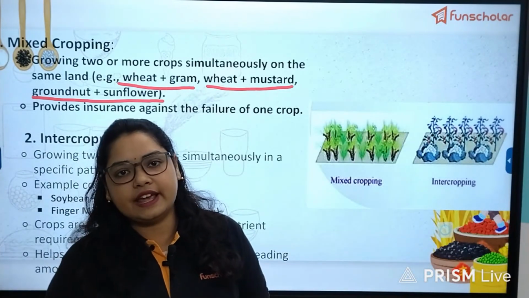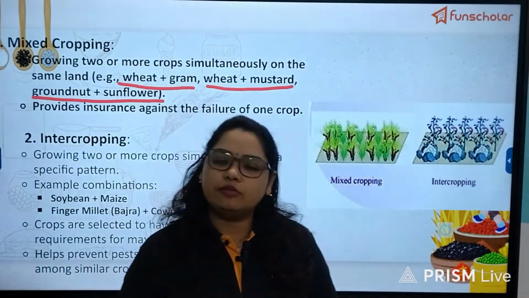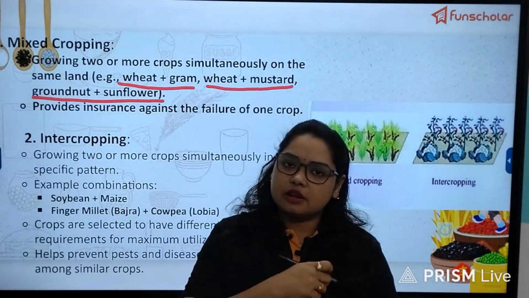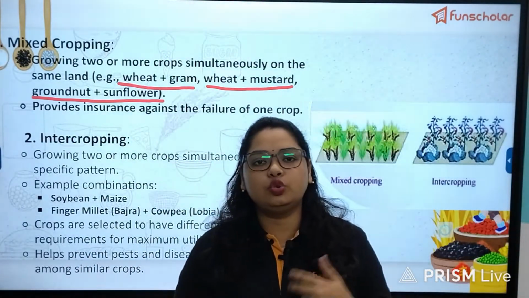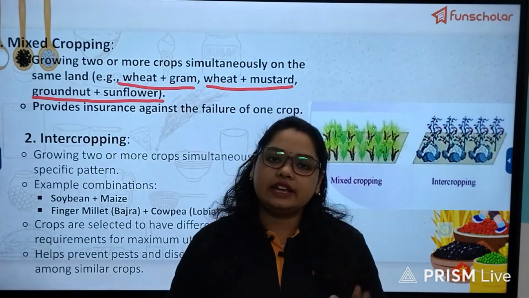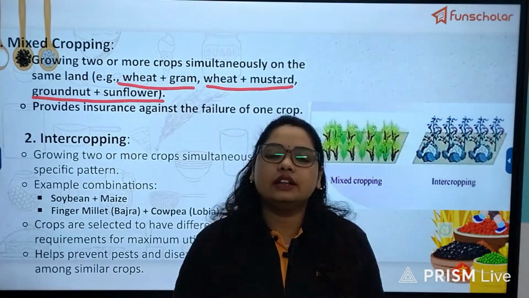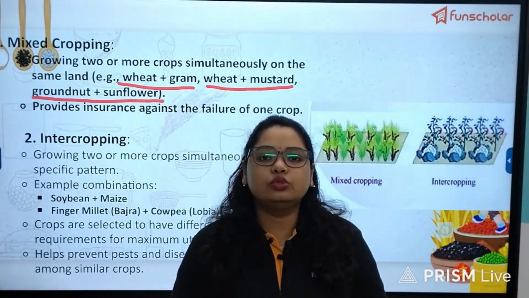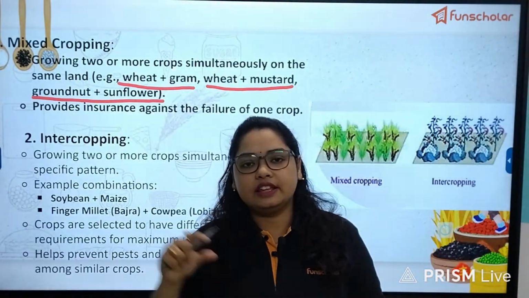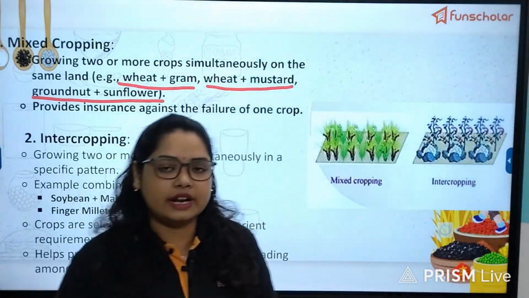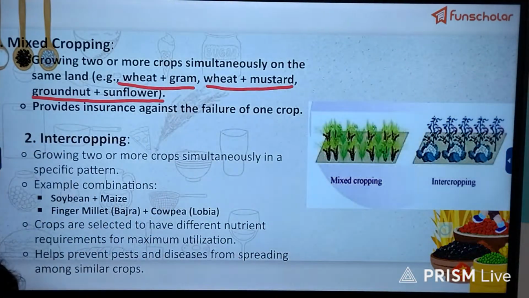So it's not like that. It can be in the same row also. For example, two rows of wheat alternated with one row of gram, or two plants of wheat and then one plant of gram, like this also it can happen.